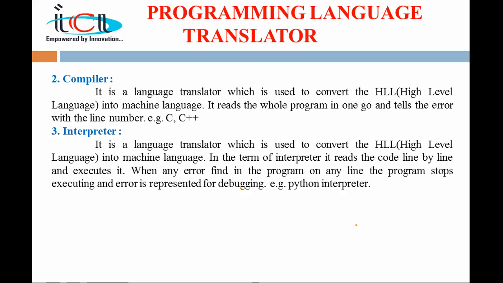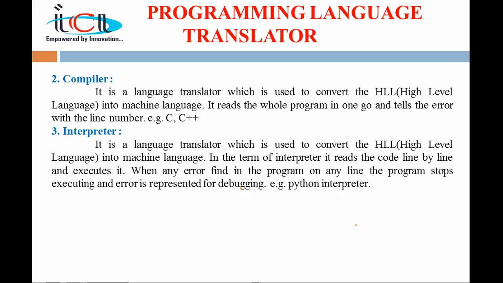The interpreter reads the code line by line and executes it. Whenever there is an error in our program, it does not execute the code further until we remove the error. That is the difference between an interpreter and a compiler. Both are used to convert high-level language into machine language.